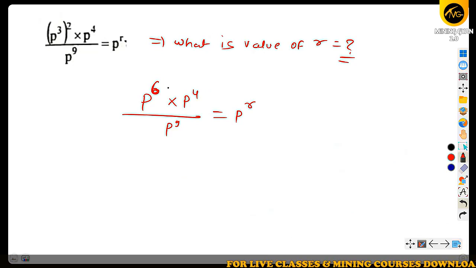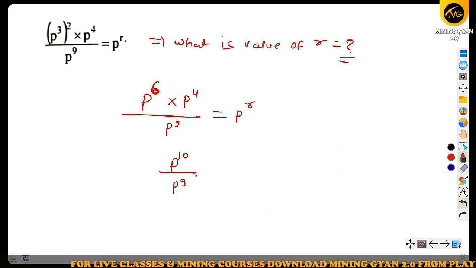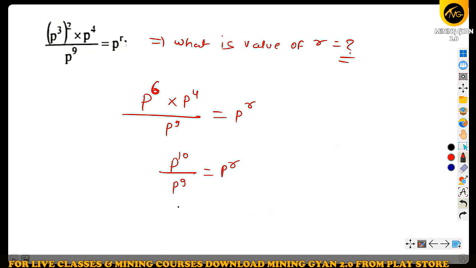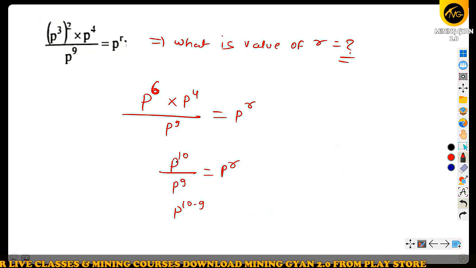Now we can easily add 6 and 4 because the base p is the same. That means p power 6 plus 4, that means 10, and whole divided by p power 9 is equal to p power r. So p power 10 minus 9, there is division and the bases are the same, so we can subtract: 10 minus 9.